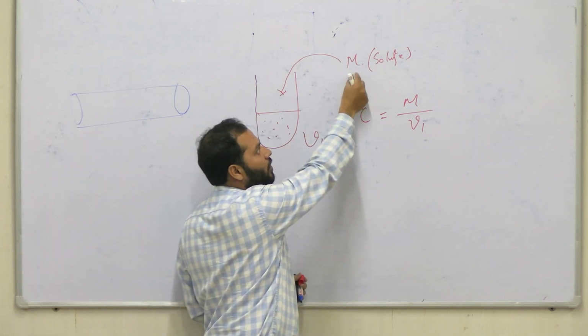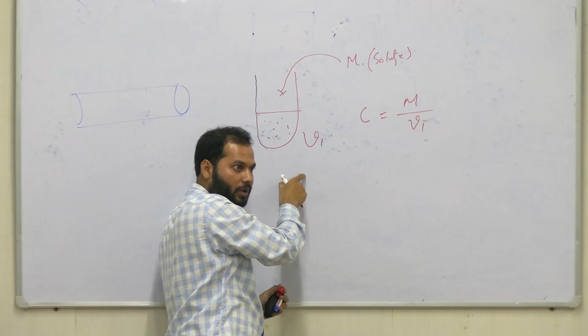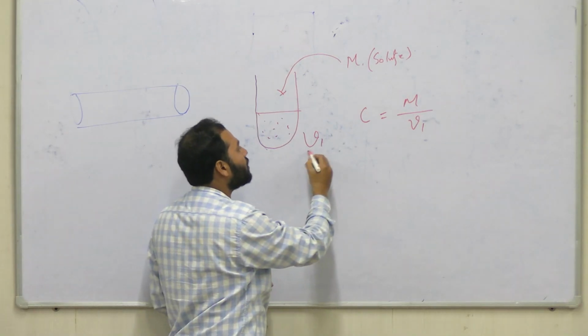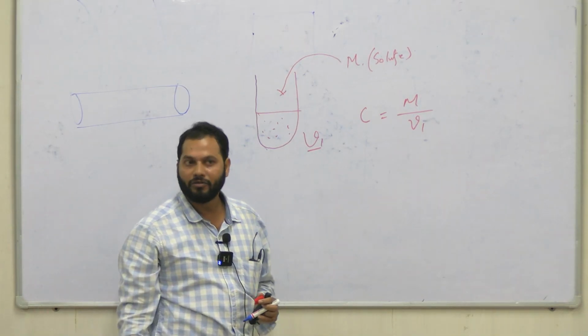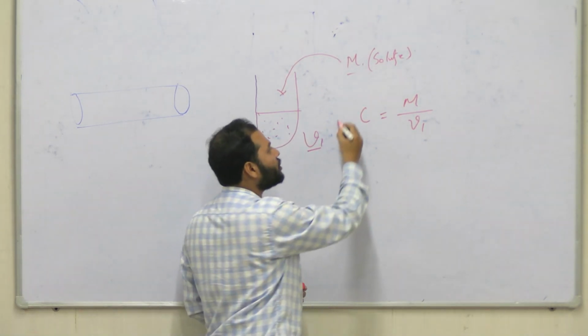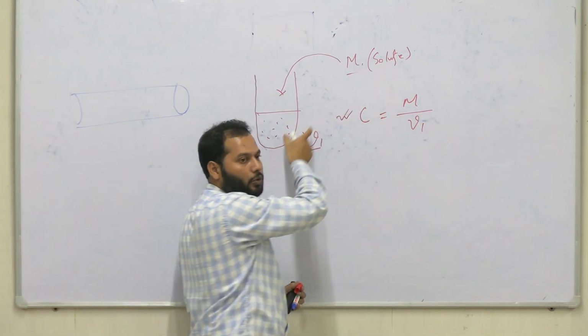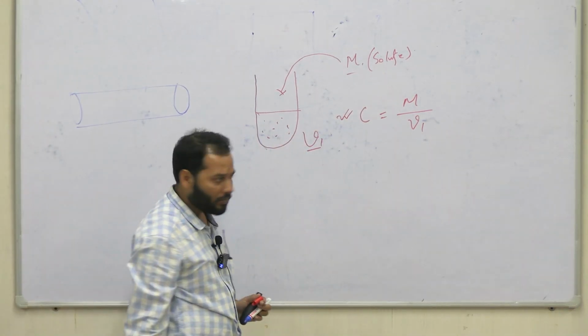We know the mass of the substance, indicator or dye used in this tube. Using the values of both the volume and the mass, we can calculate the concentration of the dye used in this tube, right?